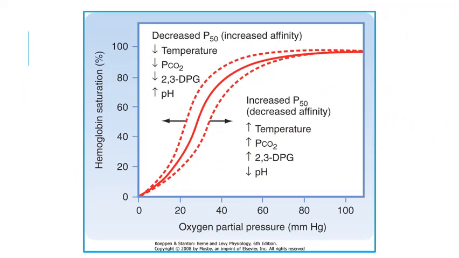So to reiterate, the hemoglobin-oxygen dissociation curve illustrates affinity between these two molecules. And really, when we're talking about affinity, we're talking about a number of things, but the one that I'd like to highlight here is bonding between the two, and whether these bonds are either stable or unstable.